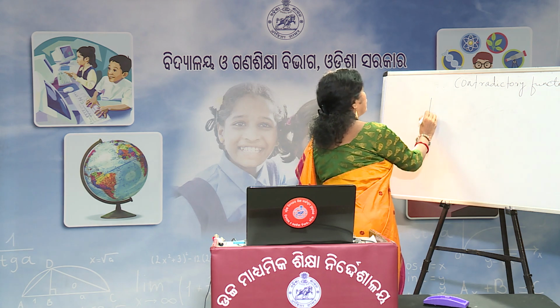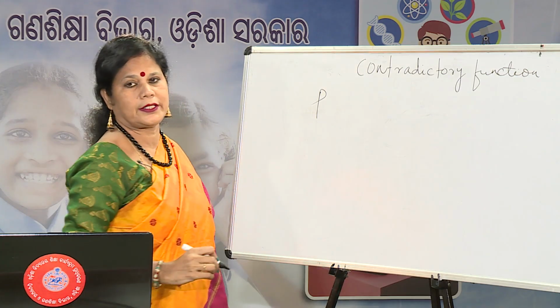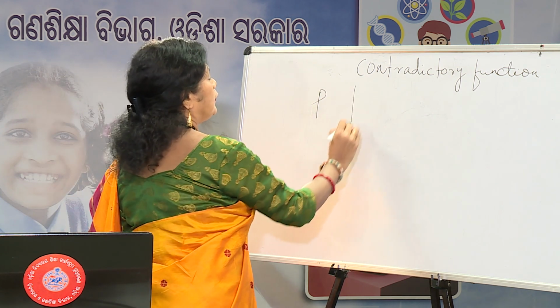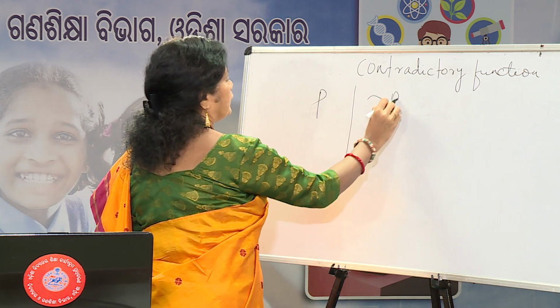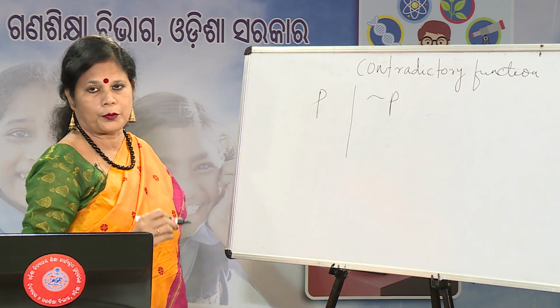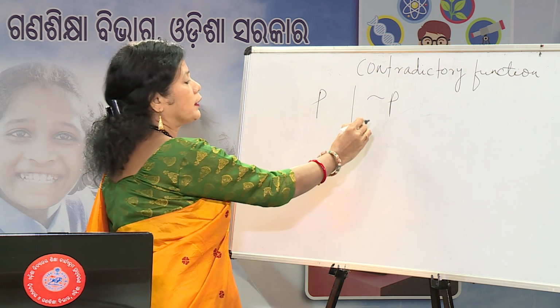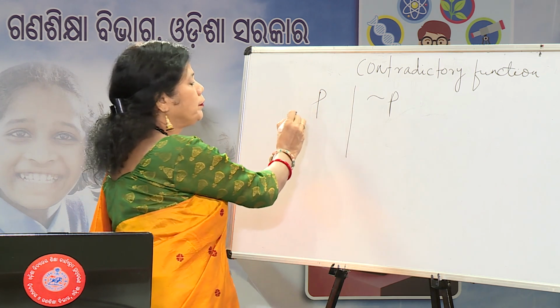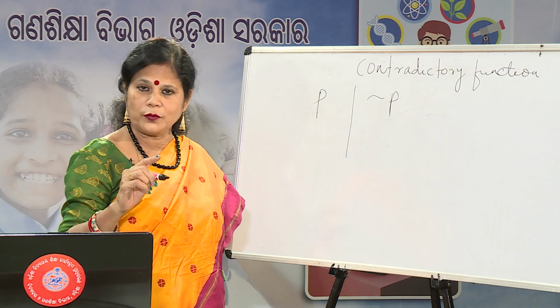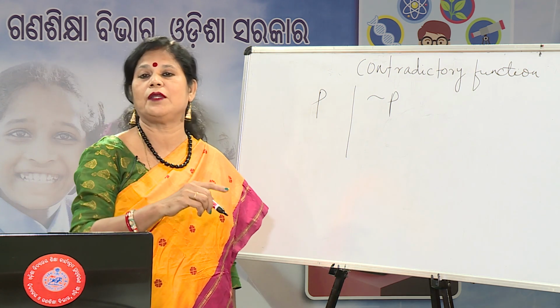Suppose the proposition is P. If we negate the proposition, then it will be not P. So, not P is the contradictory proposition. Not P is the contradictory function of P. So, contradictory function is always the function of a single proposition.